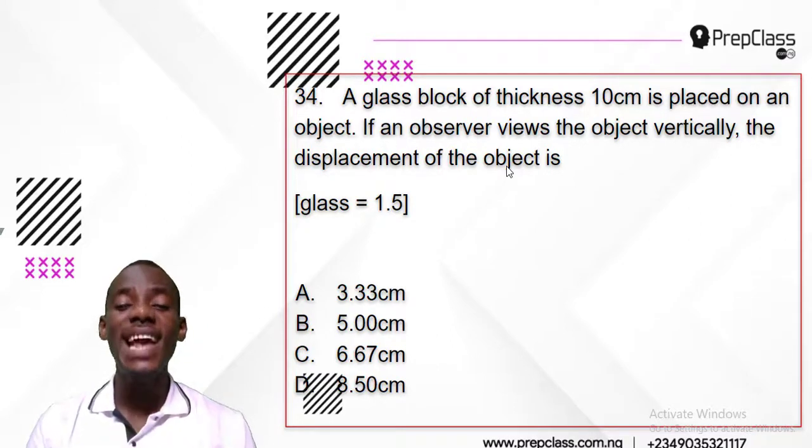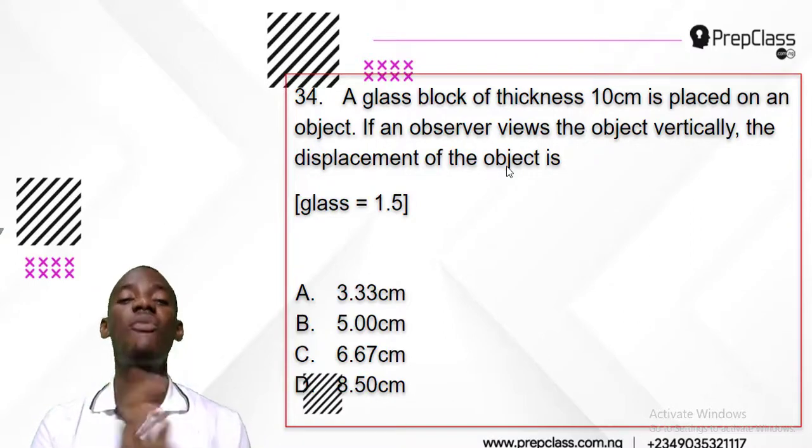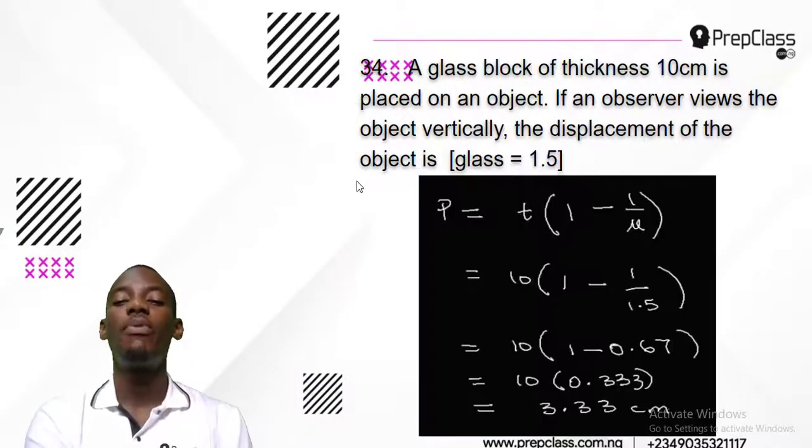Anything on thickness will use this simple formula: position is equal to thickness, bracket 1 minus 1 over the glass index. What is the thickness in the question? 10 centimeters, so T is 10, times bracket 1 minus 1 over, what is the refractive index of glass? 1.5, and that's it.